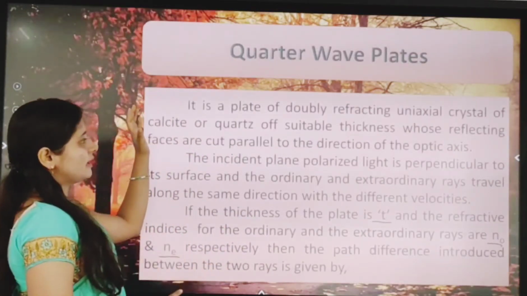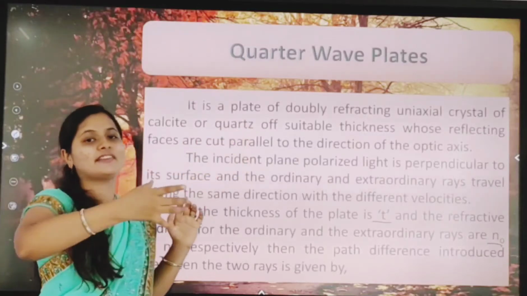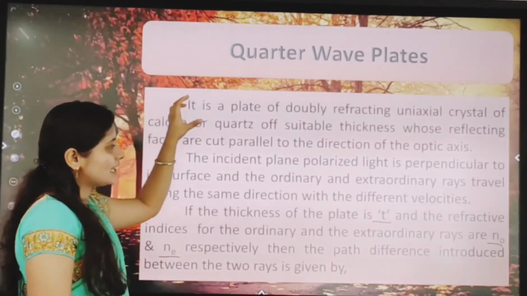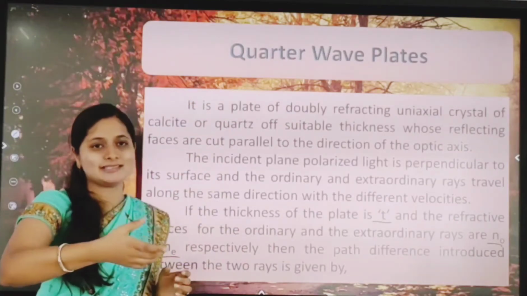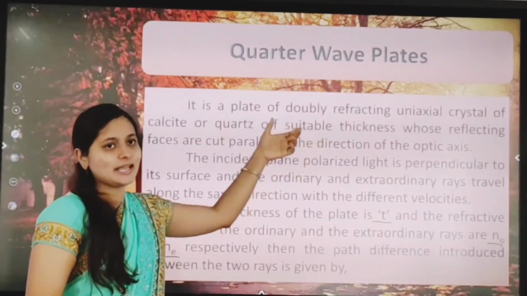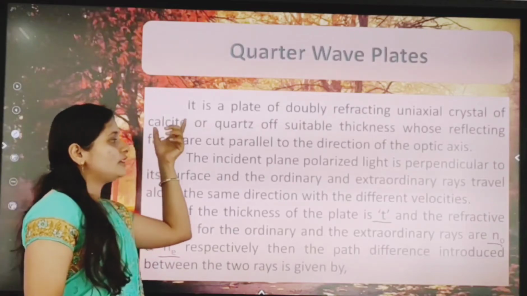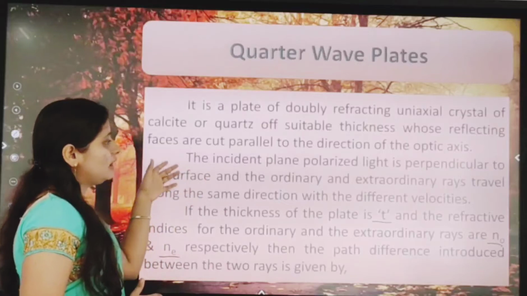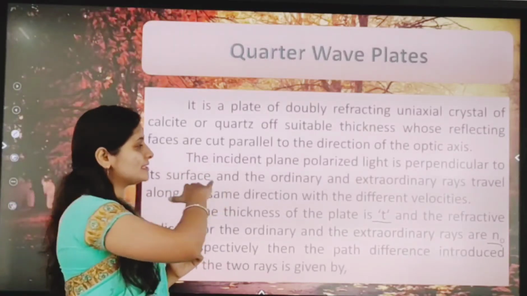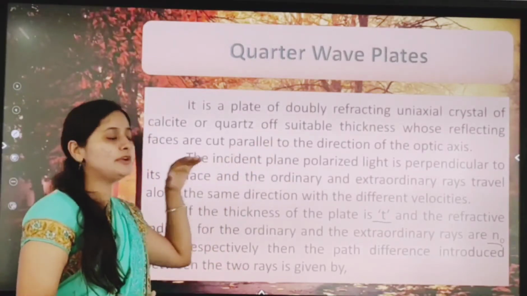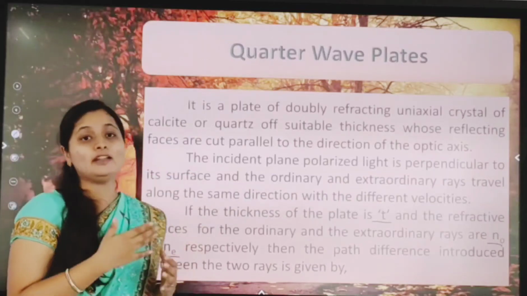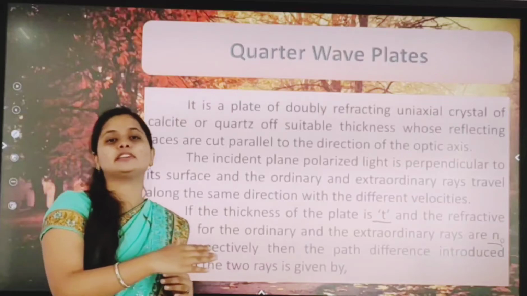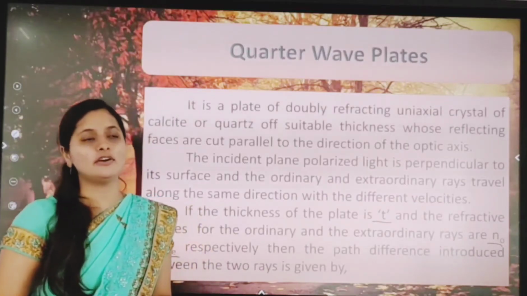So in the first para, we take a doubly refracting uniaxial crystal, which may be calcite or quartz, with a suitable thickness, and reflecting faces parallel to the direction of the optic axis. In the next para, the incident plane polarized light is perpendicular to the surface, and the ordinary ray and extraordinary ray travel along the same direction with different velocities.